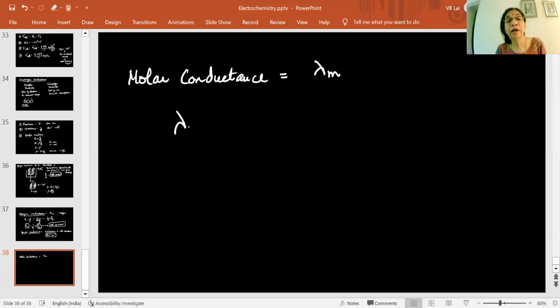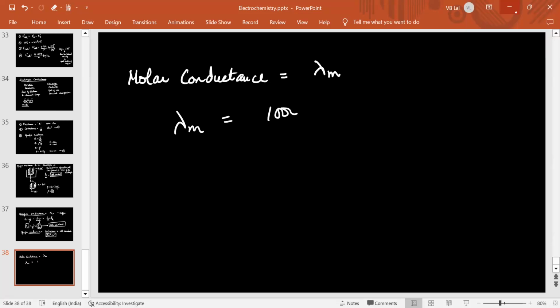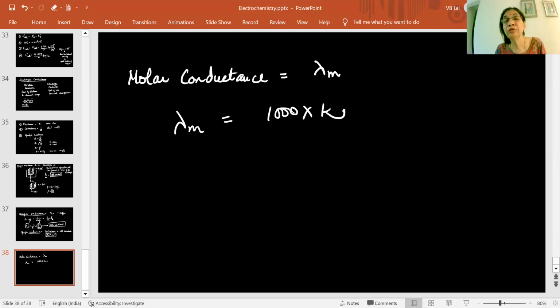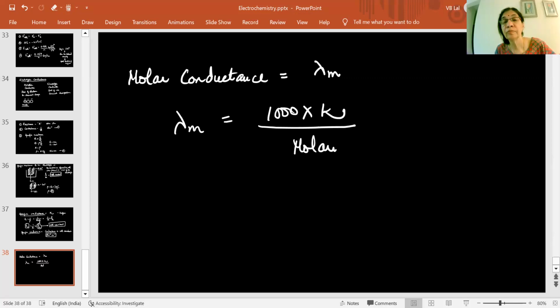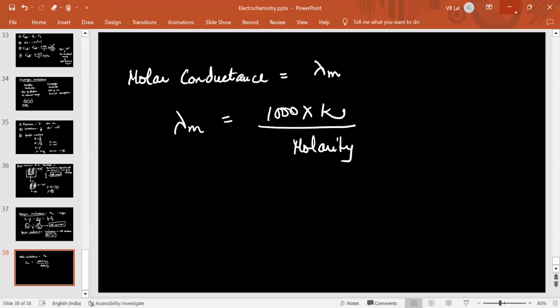How do you find it? It is 1000 into kappa by molarity. Why do we multiply by 1000? Because molarity is per liter, while kappa is per centimeter cube, so you should multiply by 1000.